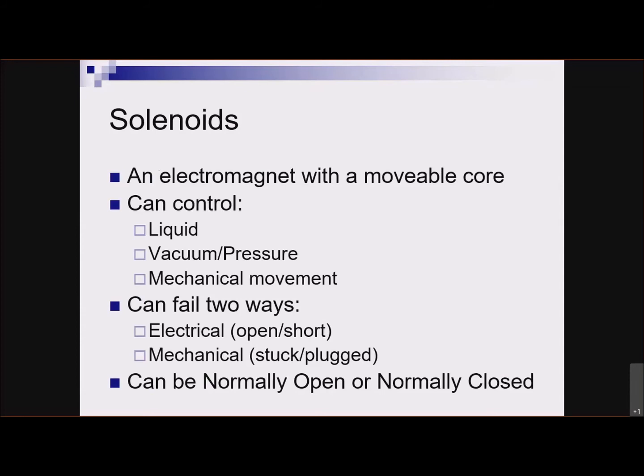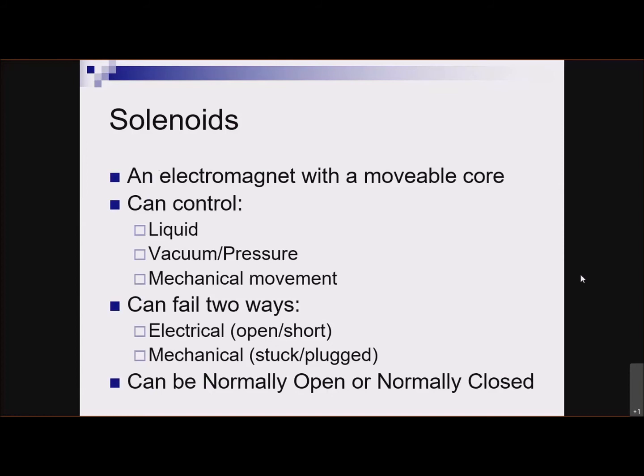It could apply vacuum to a turbocharger wastegate, vacuum or pressure, right? So these controlled vacuum and pressure with the computer controlling the solenoid. And then mechanical movement, you push a button and your trunk lid pops, or you push a button and the fuel door pops. That's a mechanical solenoid.